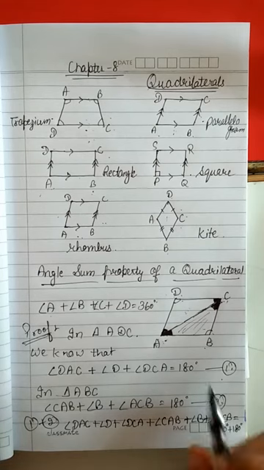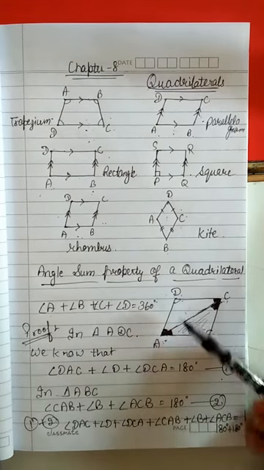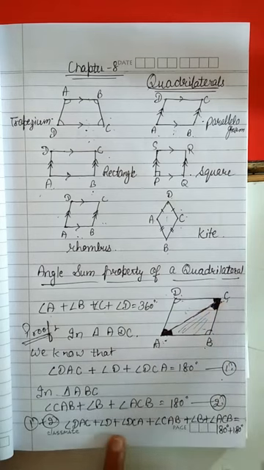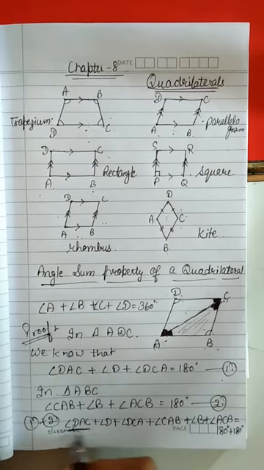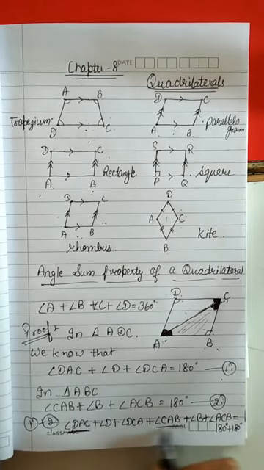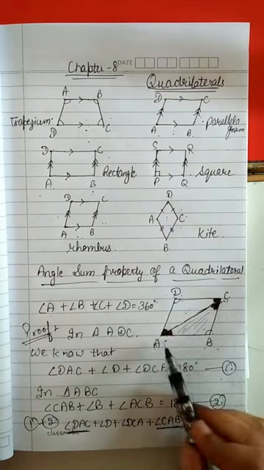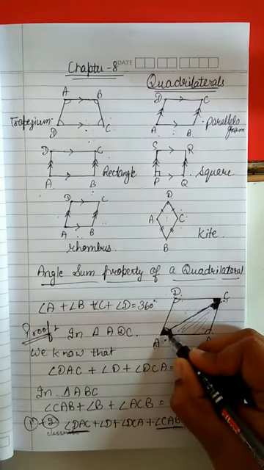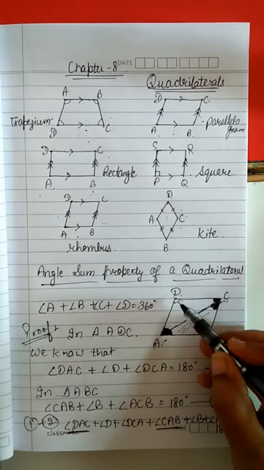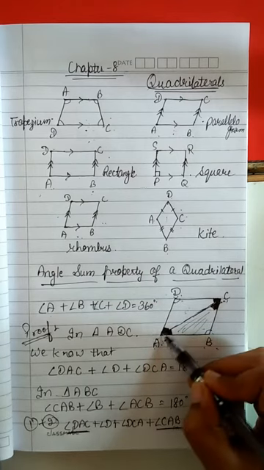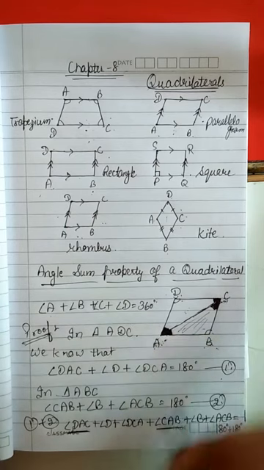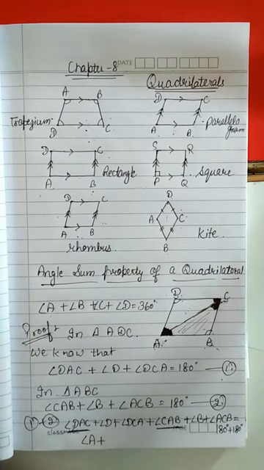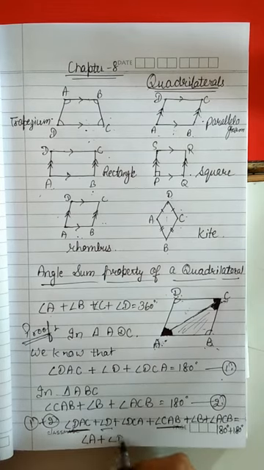Next we join DAC plus CAB. When we join angle DAC plus CAB, we get angle A. So we get angle A plus angle D as it is plus angle B as it is.